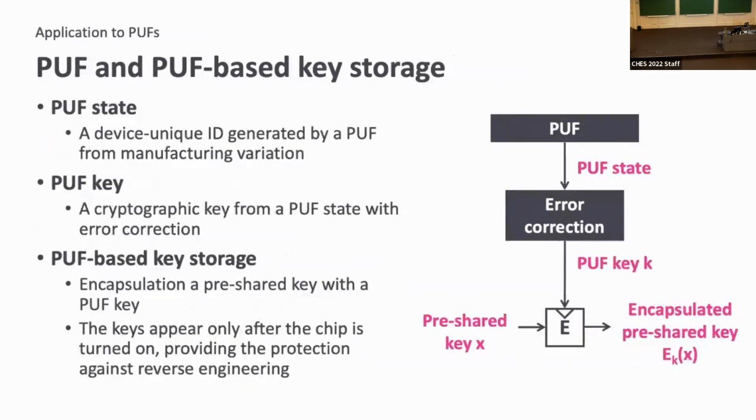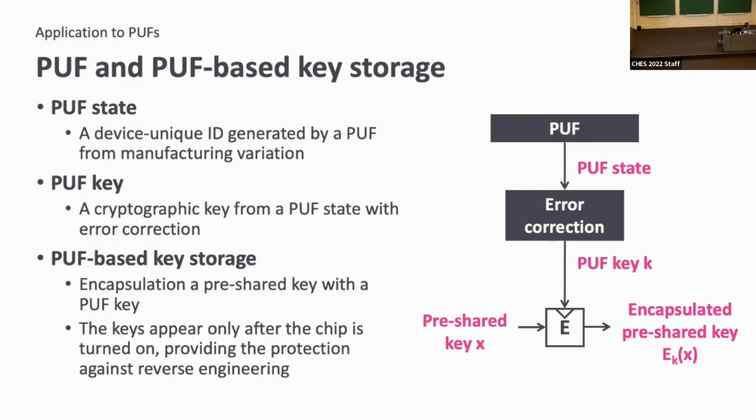We briefly recall PUF and PUF-based key storage. We call PUF state a device-unique ID generated by a PUF from manufacturing variation, and we call PUF key a cryptographic key generated from a PUF state with error correction.